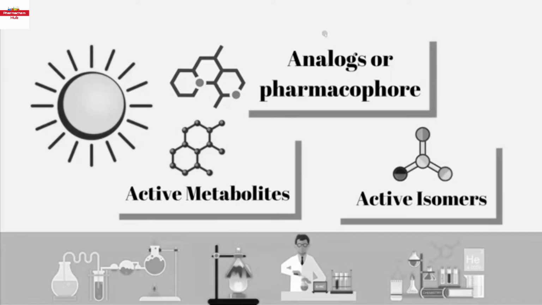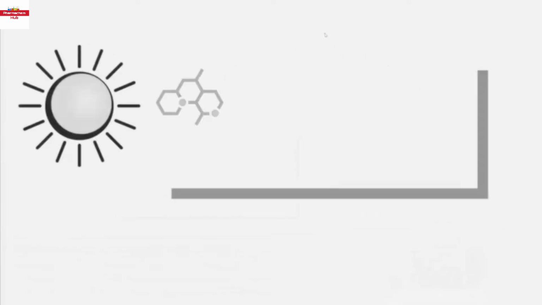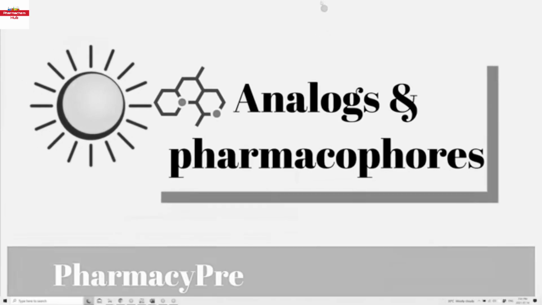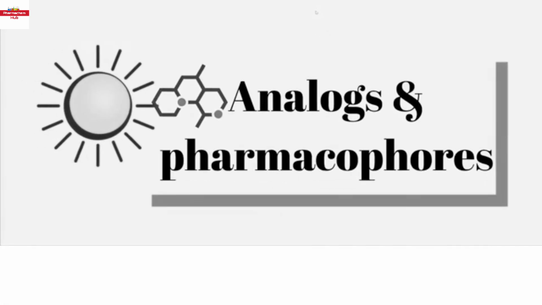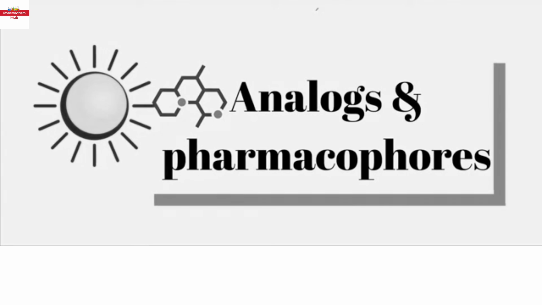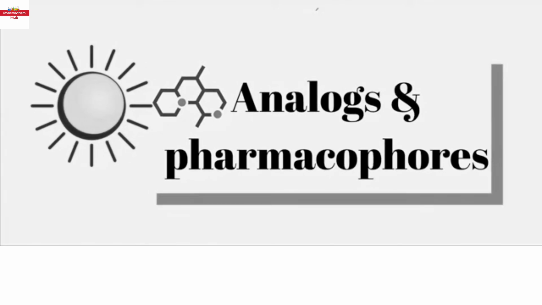So let's continue from the first tip, that is analogs. Analogs, or also pharmacophores, mean that for some chemical classes of drugs, there are some specific groups essential for their activity.